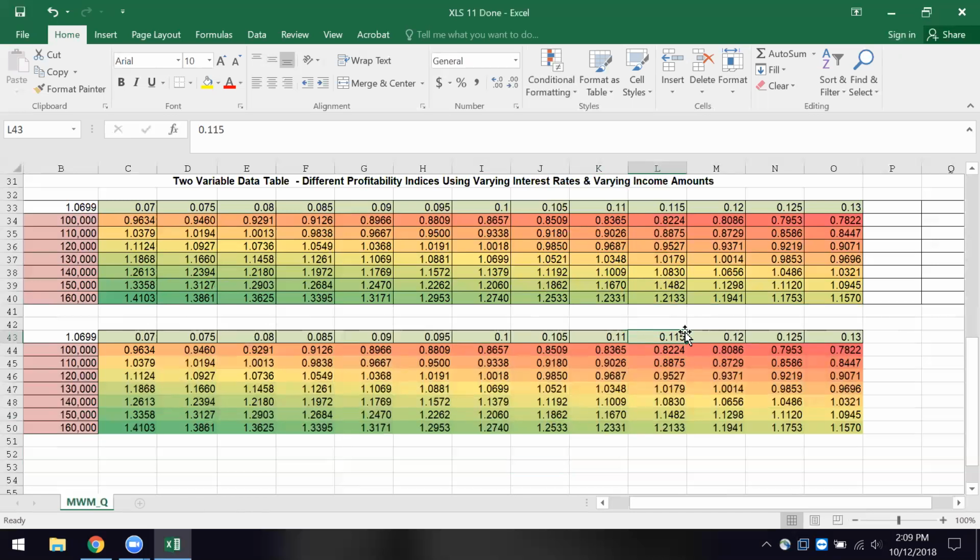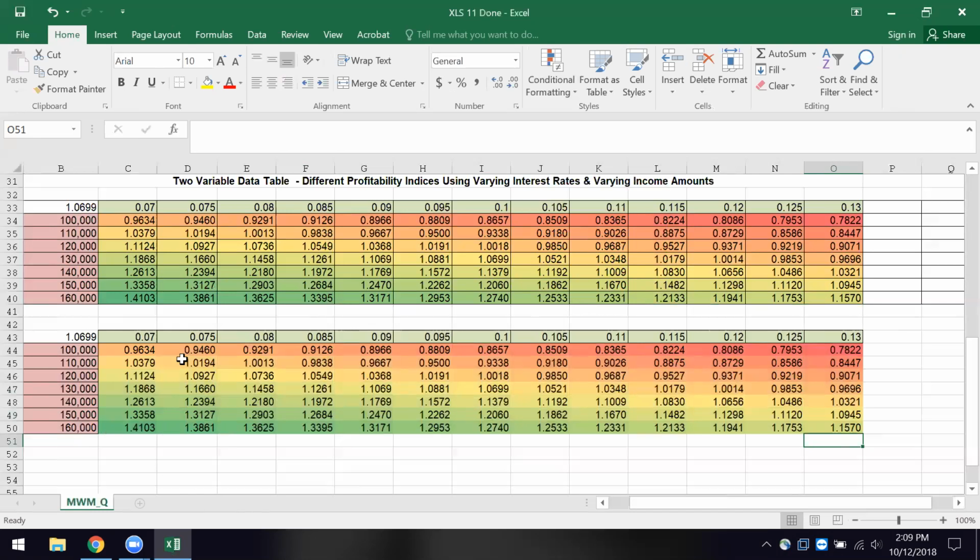Now let me say this. Here's one extreme. Here's another. And you could see that rainbow pattern as it emerges. And you can see that the higher the annual income, the higher the profitability index.